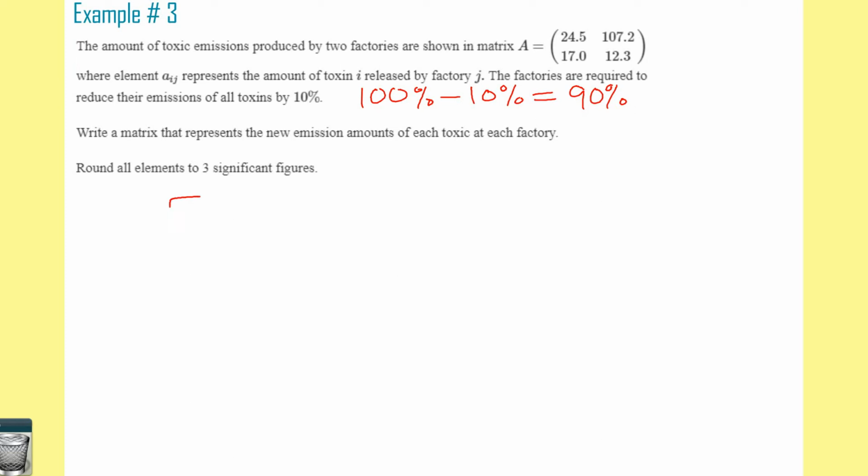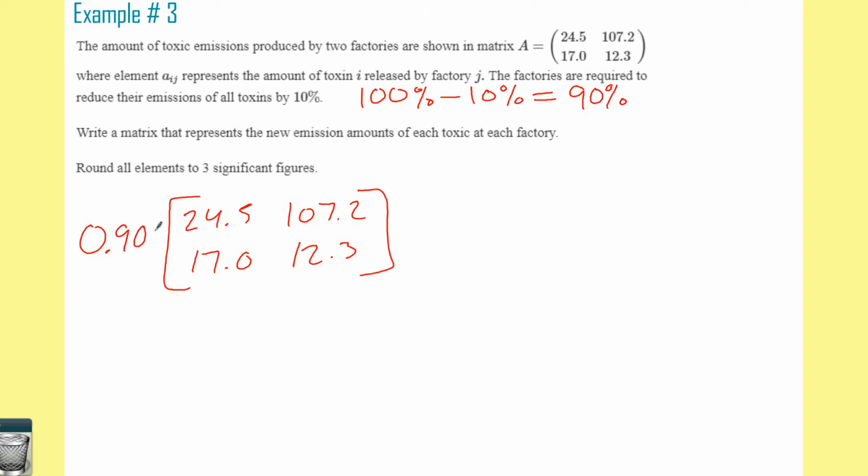So I want to take my matrix and reduce each item down to 90% of what it was. That means multiply each value by 0.90. So we're multiplying by 90%. And that's how we work that out.